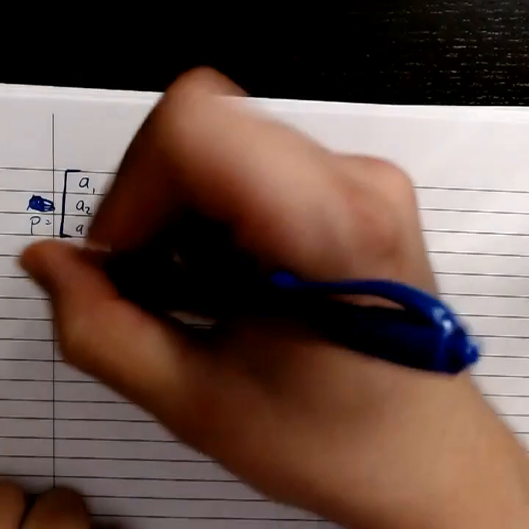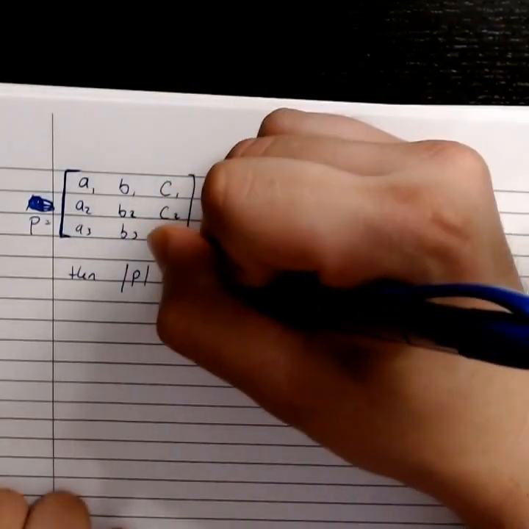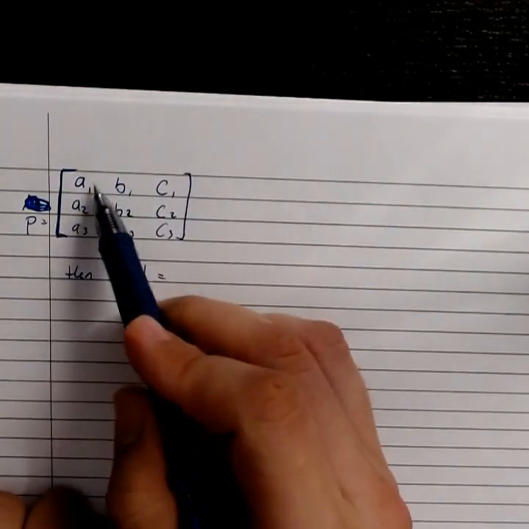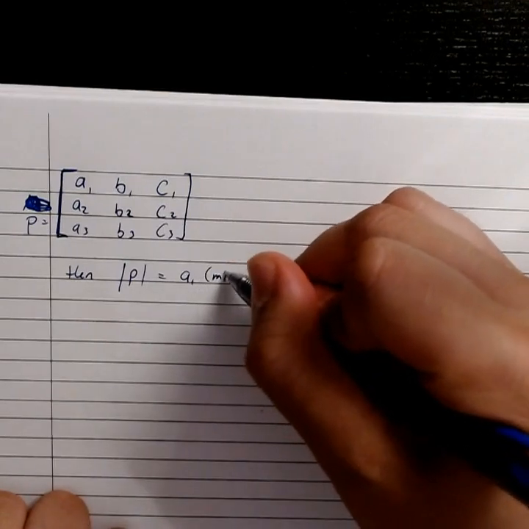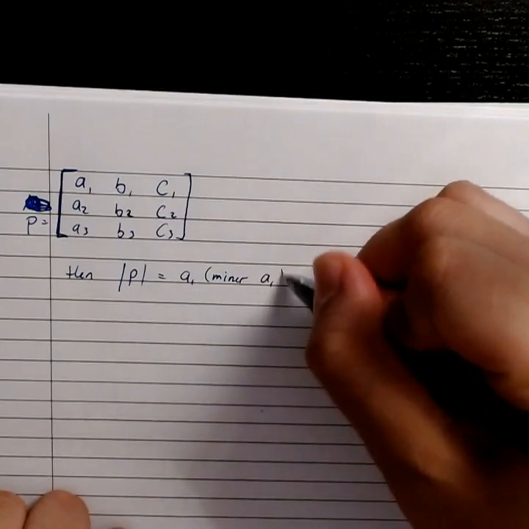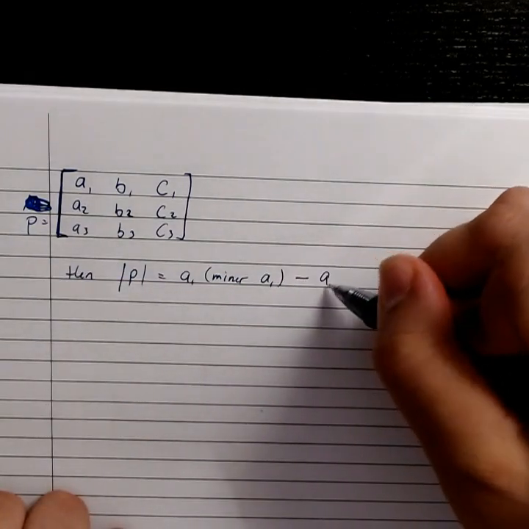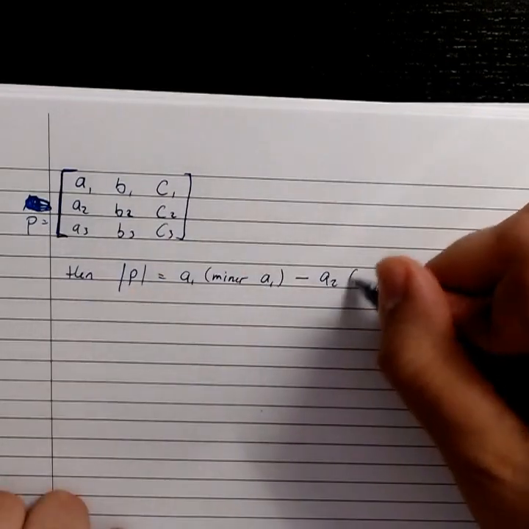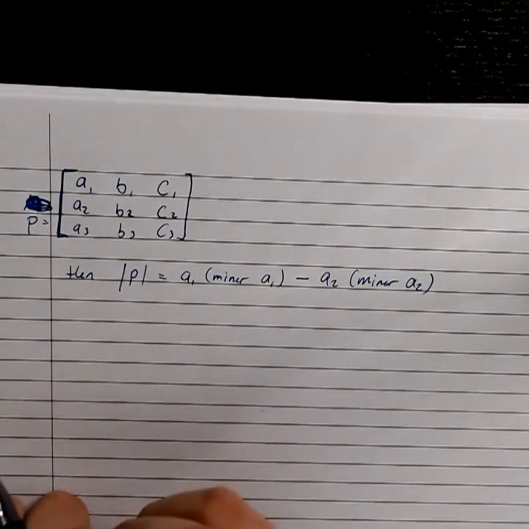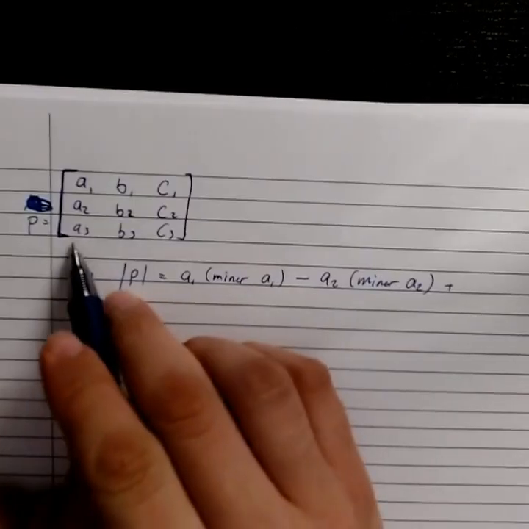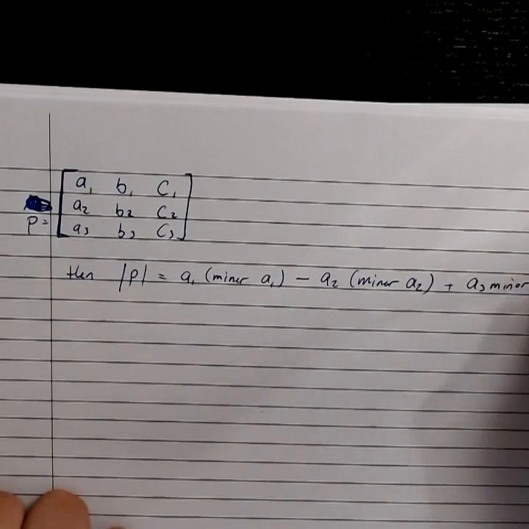Then we can define the determinant of P to equal A1 times the minor of A1, minus A2 times the minor of A2, plus A3 times the minor of A3.